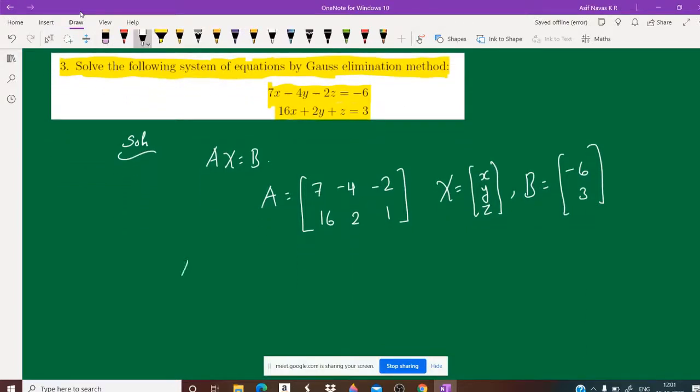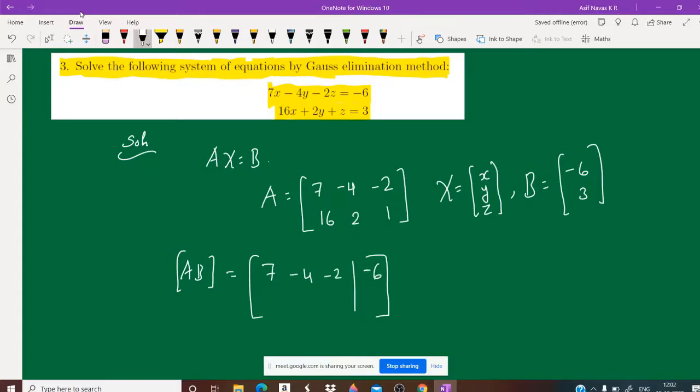Now the first step is we will write the augmented matrix. So what is the augmented matrix? Put a line here. 7, minus 4, minus 2, and what is here? Minus 6, right?